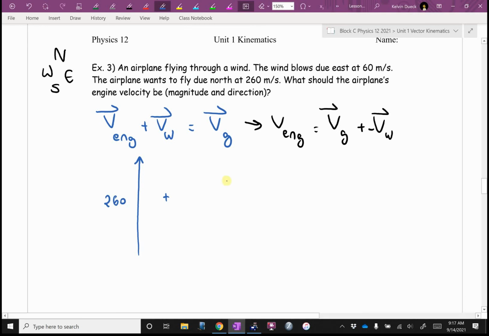Okay. There, I've turned my subtraction into an addition. Any thoughts on how I might want to add these together? Really? Okay, so 260, and then 60 is actually only about a quarter of that, so I'll draw it short so I'm roughly to scale.